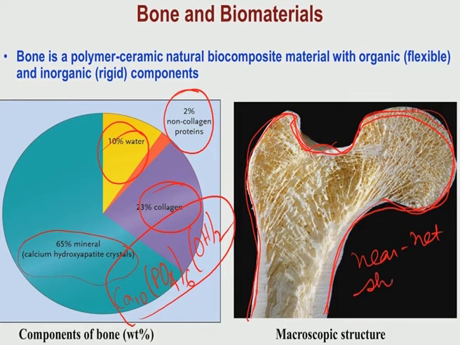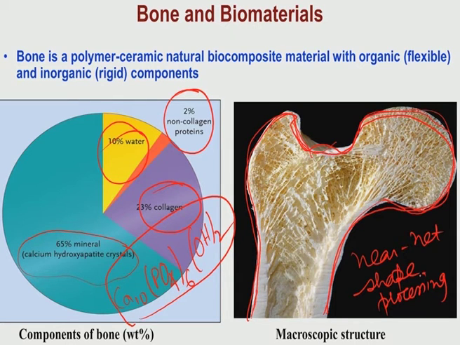That means you consider the design file of a bone to be replaced, and then you export the design file to the additive manufacturing machine, and this additive manufacturing machine will decompose this design file into capital N number of layers, and there you can just use this layer by layer fabrication technique.